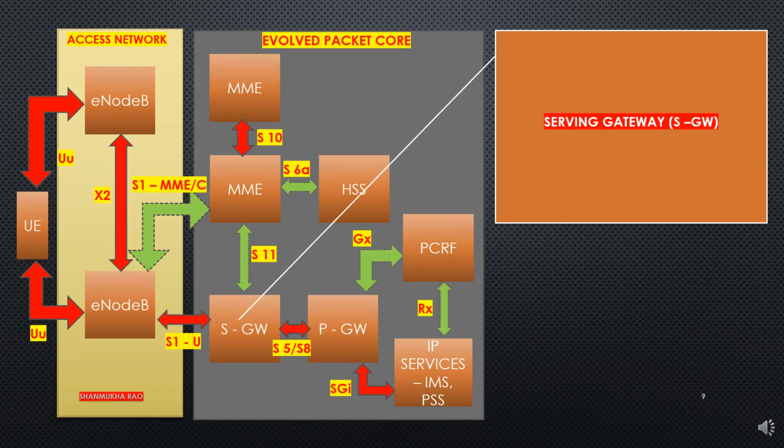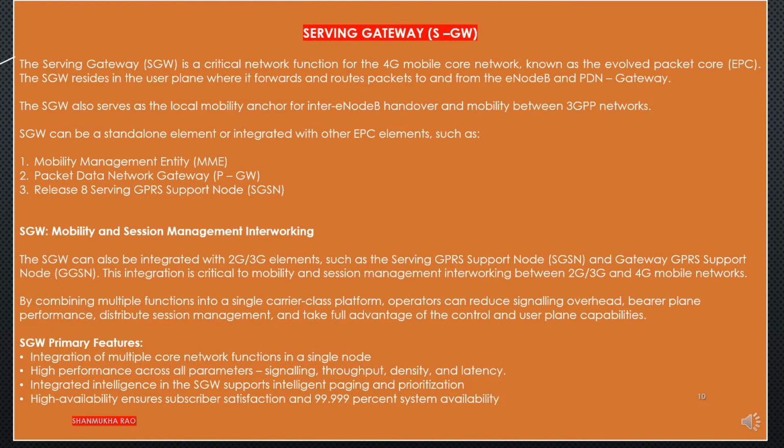Let's have a look at the Serving Gateway, SGW. The Serving Gateway, SGW, is a critical network function for the 4G mobile core network, known as the Evolved Packet Core, EPC. The SGW resides in the user plane, where it forwards and routes packets to and from the eNode B and PDN gateway.